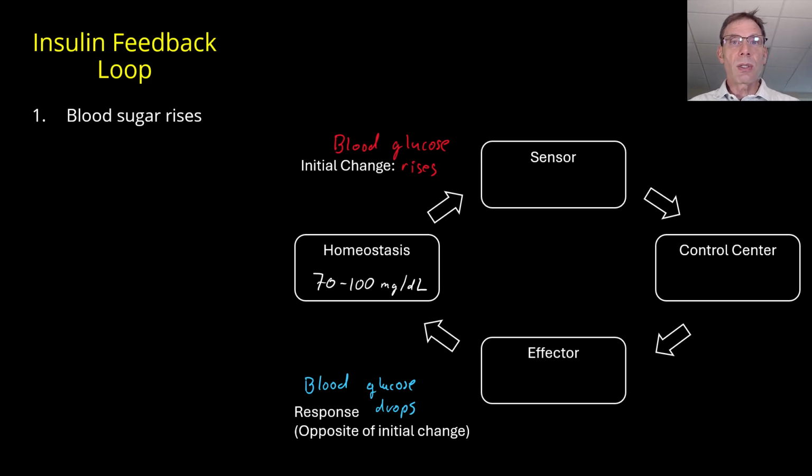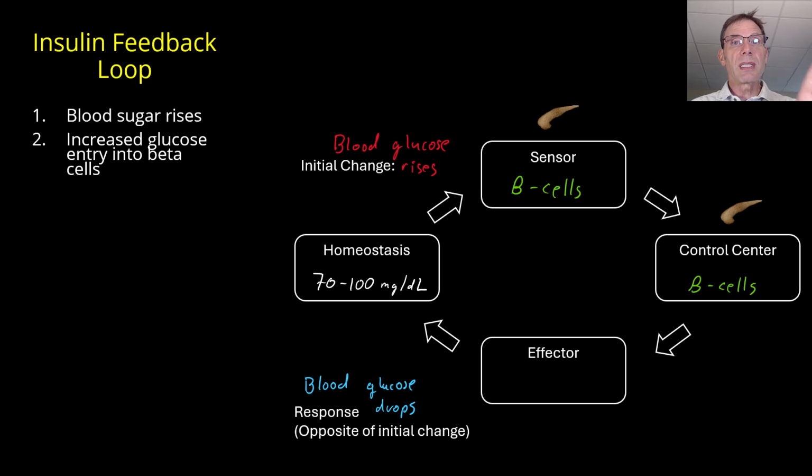The sensor and control center in this feedback loop are in the pancreas, and they're the pancreatic beta cells. As blood glucose rises, more glucose enters the beta cells because those cells always have glucose transporters in their plasma membrane. The increased glucose entry into the beta cells causes those cells to release insulin into the bloodstream.